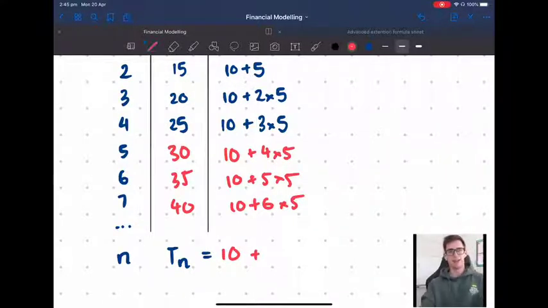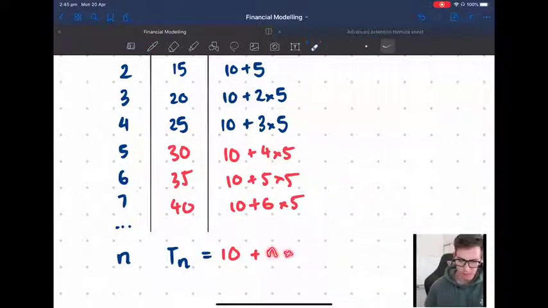And then what we add is not the number times 5. In fact, it's 1 less than the number, and that's consistent the whole way through. For the second term, you're adding 1 lot of 5. Third term, you're adding 2 lots. Fourth term, you're adding 3 lots, and so on.